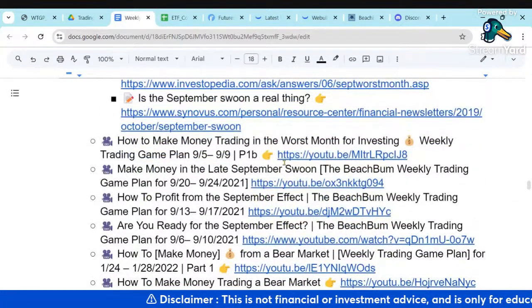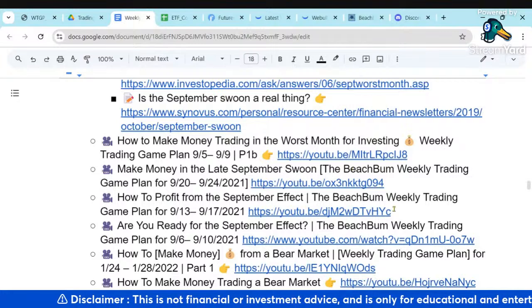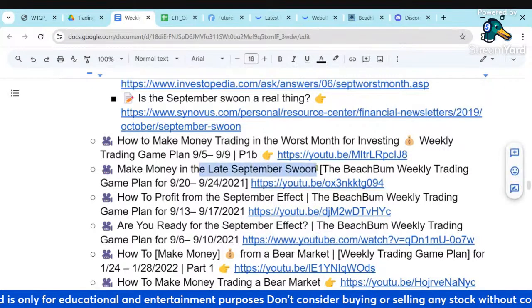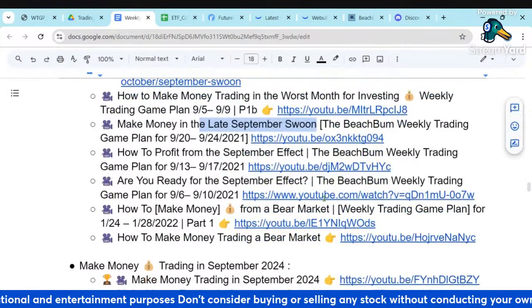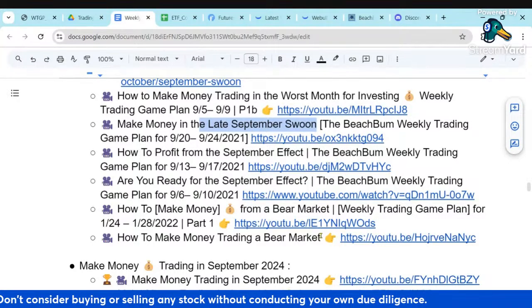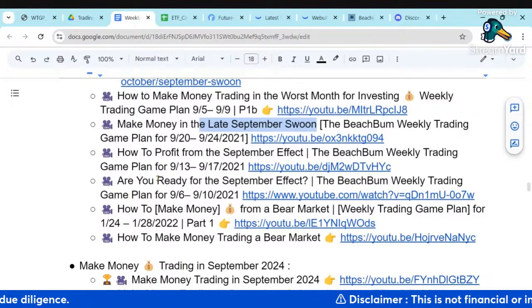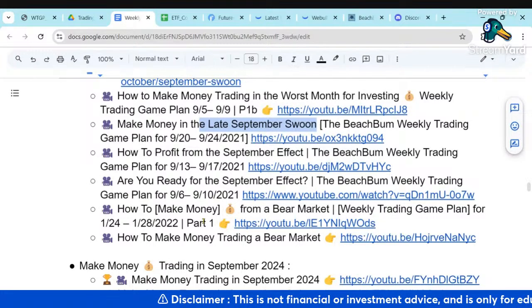You can see our previous weekly trading game plans going back several years that talk about how to make money trading the September effect, the late September swoon, and also how to make money trading a bear market. Although I don't think we're really in a bear market yet, and I don't believe any of the indices are technically in a bear market, we see that downtrend in all the indices, all the markets.